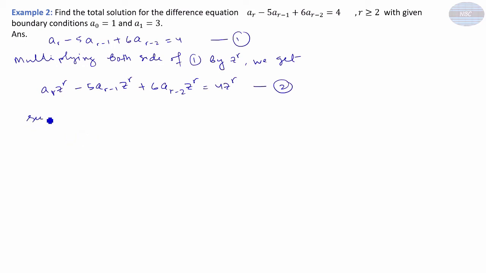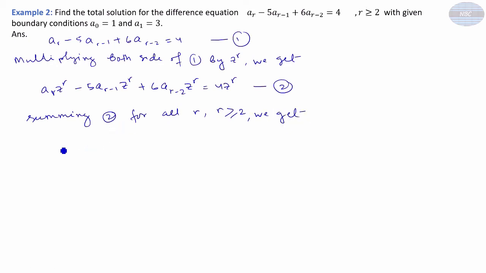So we can have, summing equation 2 for all r where r is greater than or equal to 2, because the boundary conditions a0 and a1 are given.